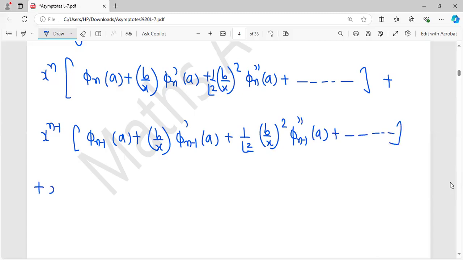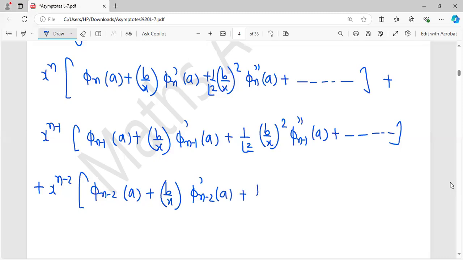Next, x to the power n minus 2 phi n minus 2 (a) plus b upon x phi n minus 2 first derivative at a plus 1 upon factorial 2 b upon x square phi n minus 2 double derivative at a, and so on.